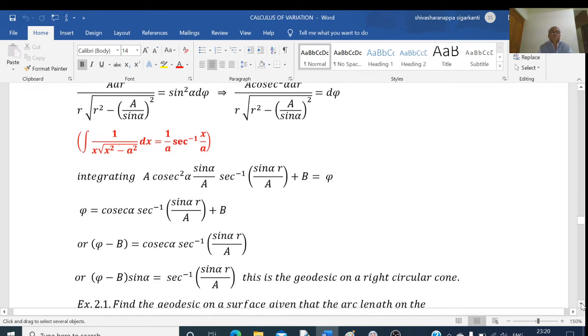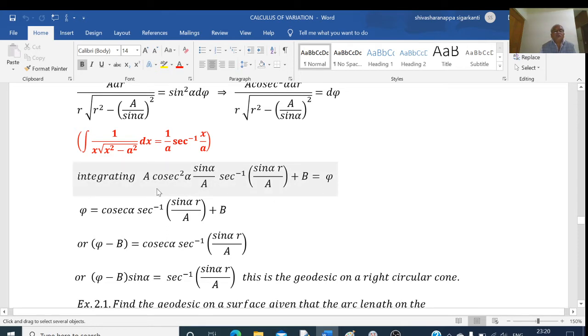Here we have this a and this a getting cancelled, and if I write this sin alpha in the denominator, it will be cosecant square alpha, cosecant alpha. One cosecant alpha gets cancelled. So here a gets cancelled, this sin alpha gets cancelled, and one cosecant goes here, because if I take this in the denominator, it will be cosecant alpha. So one cosecant alpha remains here.